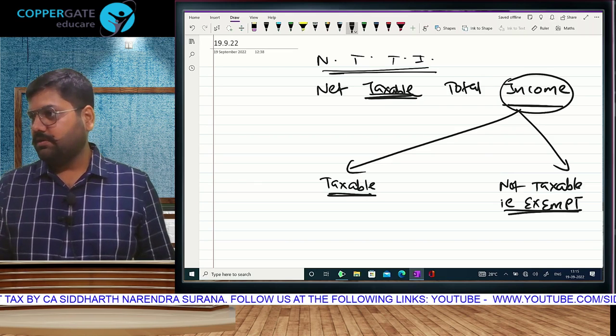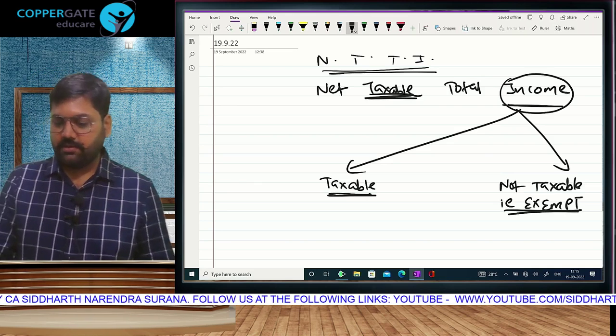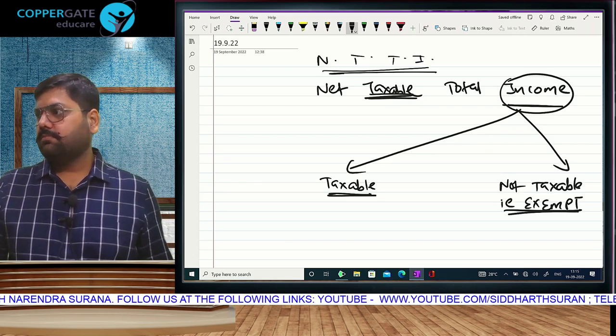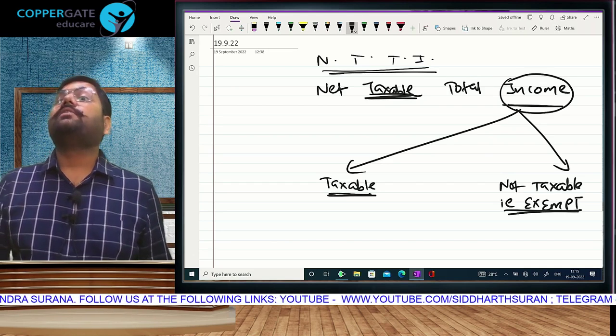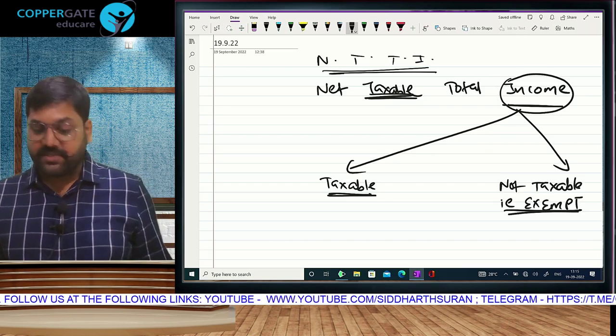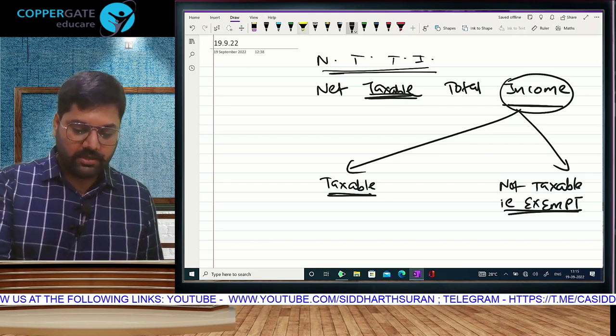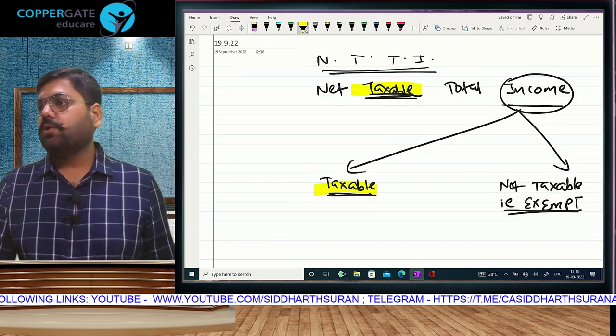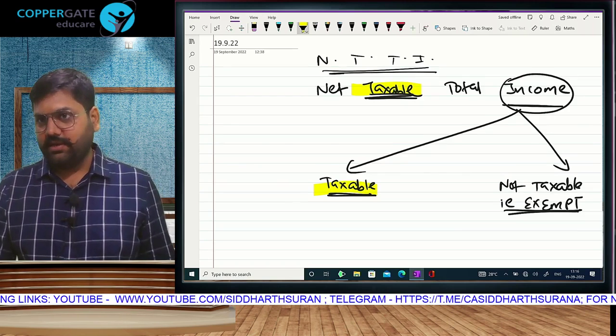That sounds legal, technical, professional. Exempt income. Is this income? It is. But it does not fall in the definition of income which is liable for tax, because we have to pay tax only on our taxable income.